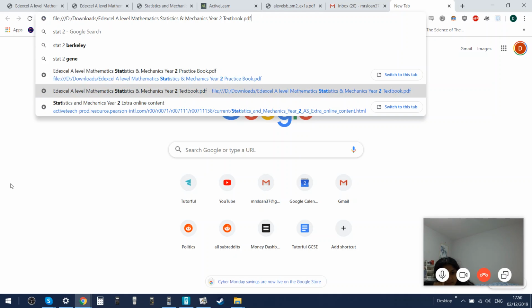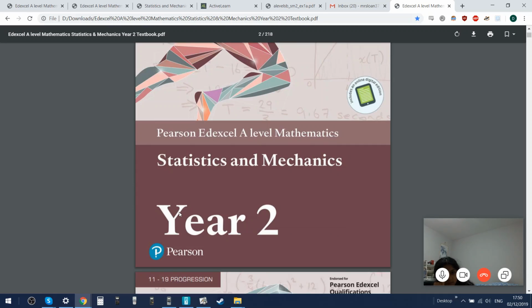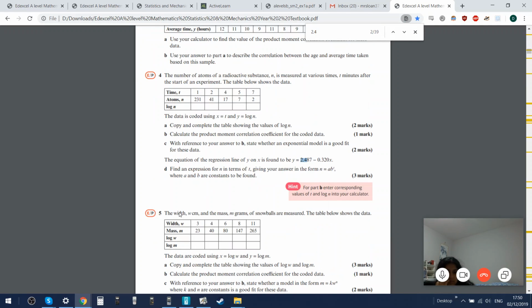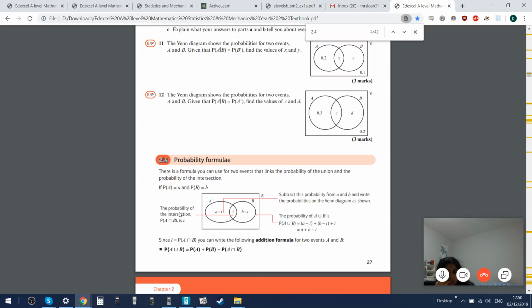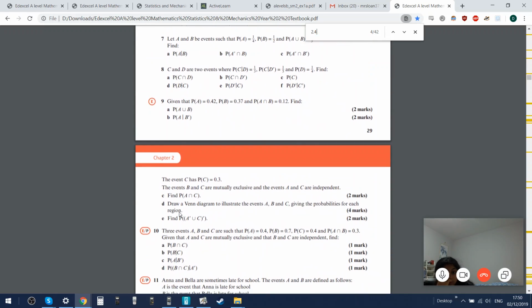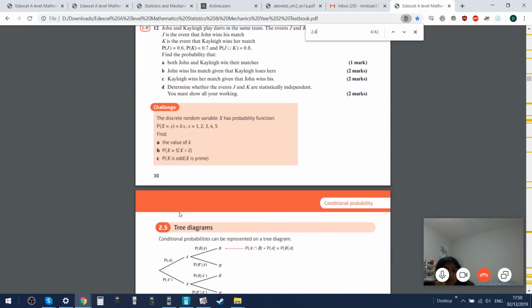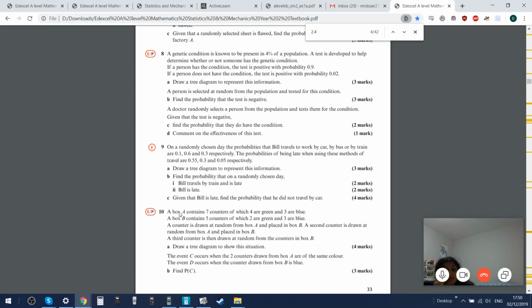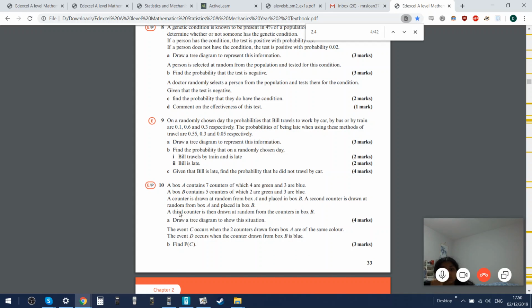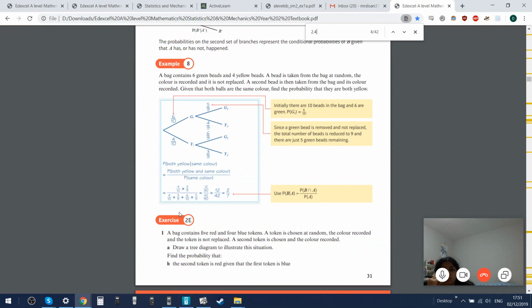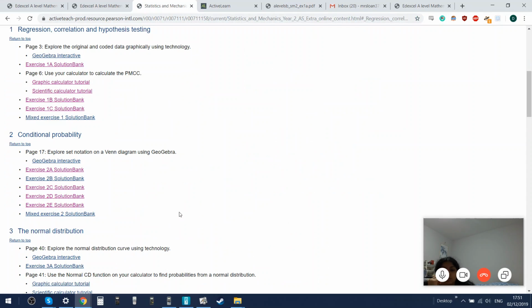Not practice book. What am I doing wrong? 2.4 probability formulae. So it's not probability formulae. Tree diagrams is 2.5, which is 2e.